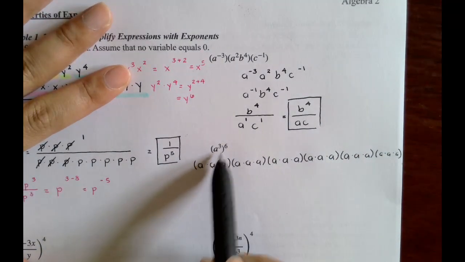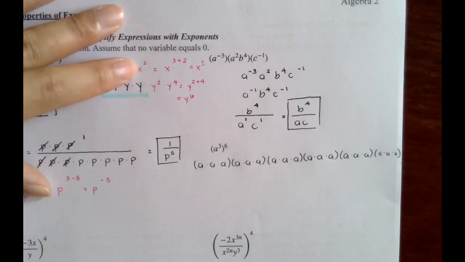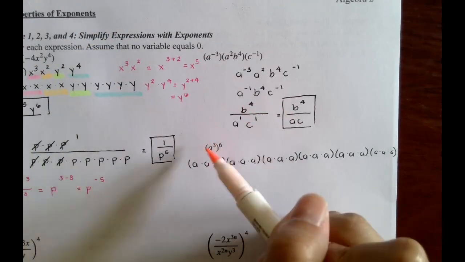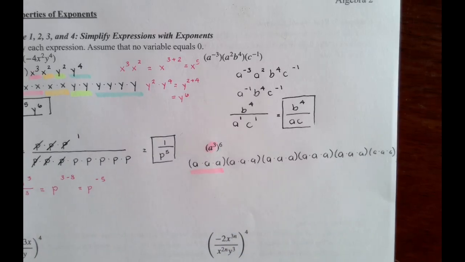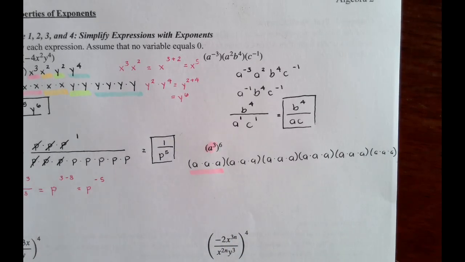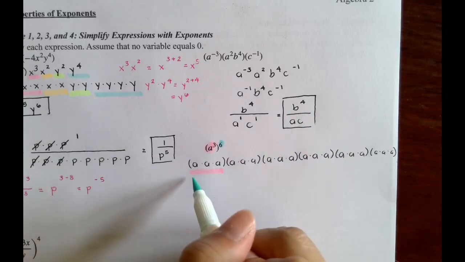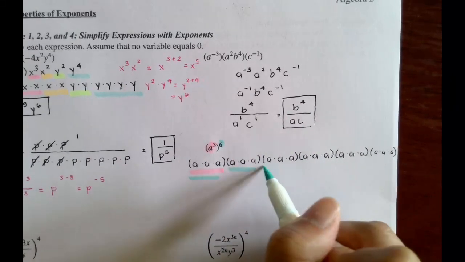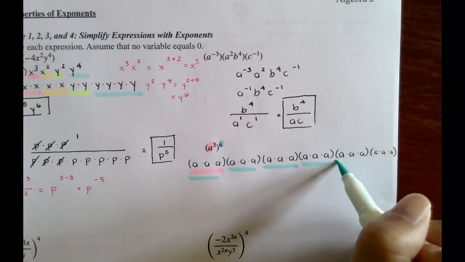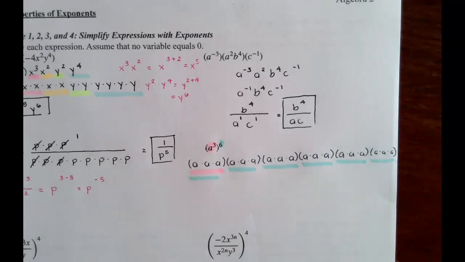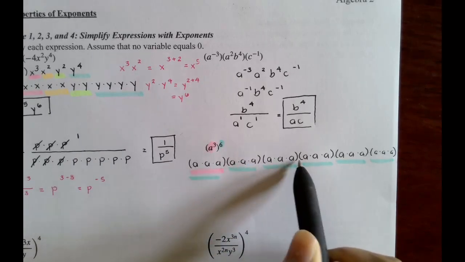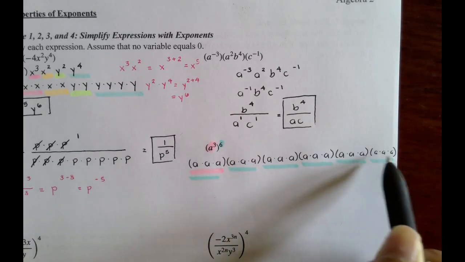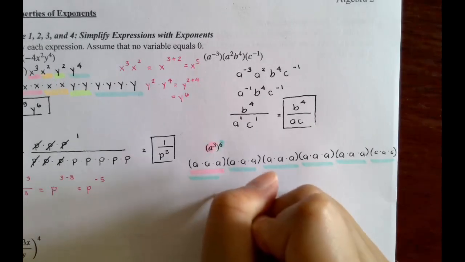So a to the third here is represented by this. Right? And then the fact that this is then raised to the sixth power is why we see this 1, 2, 3, 4, 5, 6 times. And so how many times here is a multiplied to itself? 1, 2, 3, 4, 5, 6, 7, 8, 9, 10, 11, 12, 13, 14, 15, 16, 17, 18.